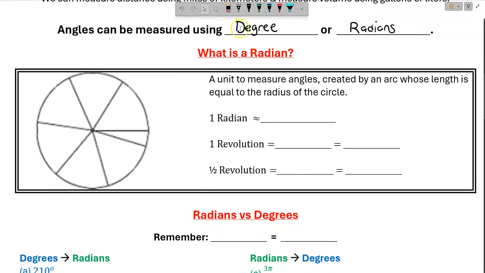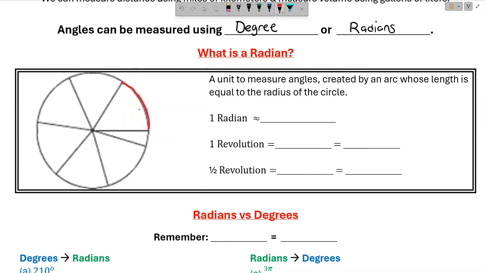Hopefully, before watching this video, you've had a chance to try the rubber band activity that we do in class, or something similar. But regardless, the idea behind a radian is that we take the radius of a circle, like that red line, and rotate it and bend it. I can't bend it on here, so let's just draw it.